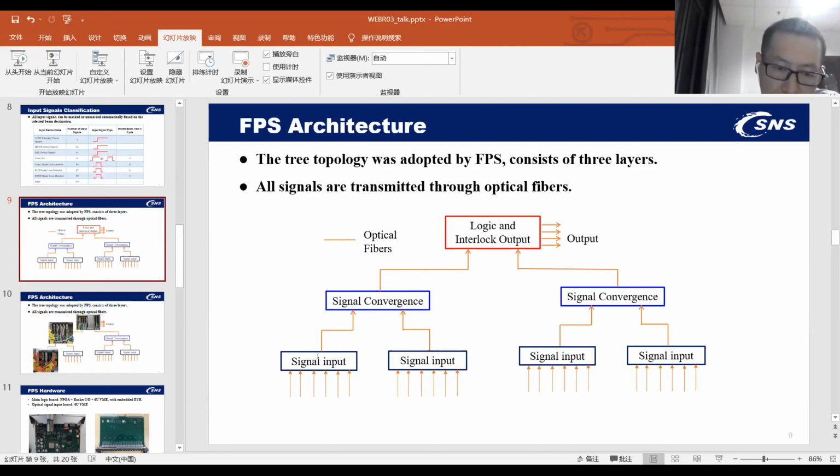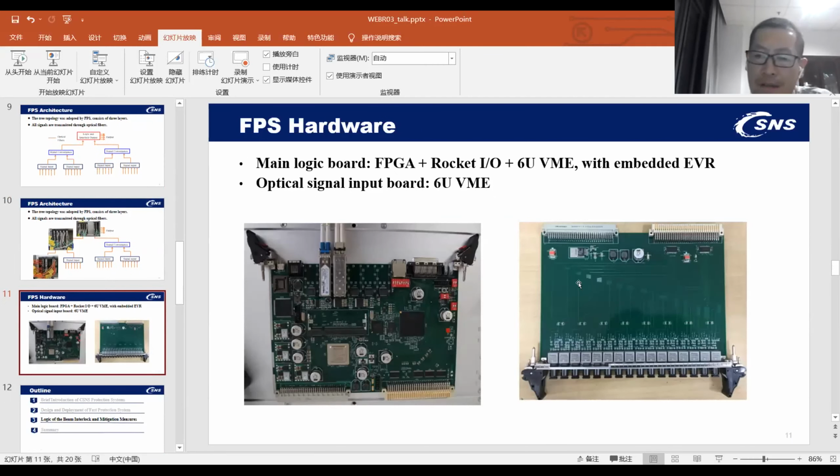Because this is ordinary plastic fiber, there's no logic in this layer, so the signal cannot be checked. As you can see, there's no chip in this spot.